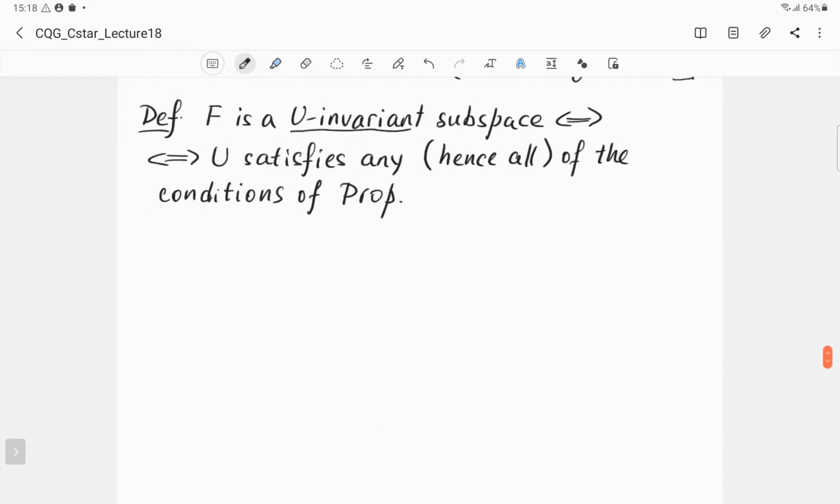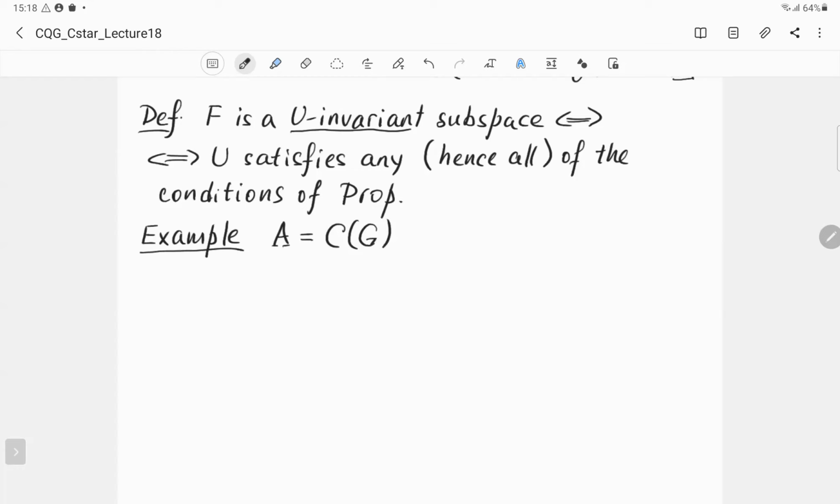Okay, well, of course, this notion of a U-invariant subspace comes from group representations. So let's look at the commutative example. Let's look at the commutative case. Suppose that A is the algebra of continuous functions on a compact group.